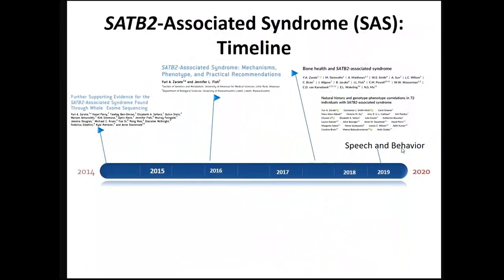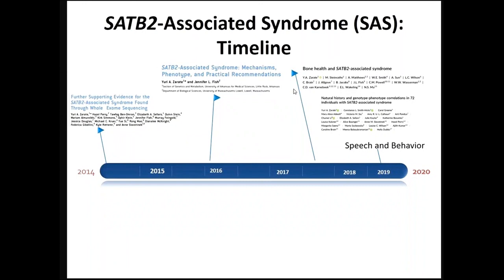Then we go to the last few years, and this is when I got involved. I got involved in 2014 when we figured out that many more individuals had been described. We started collecting them, and we got that report out in 2014, and then Dr. Fish and I reviewed what was known at that point for all the cases that had been previously reported.